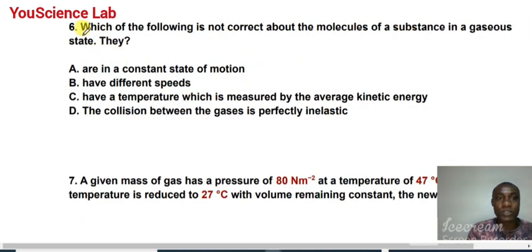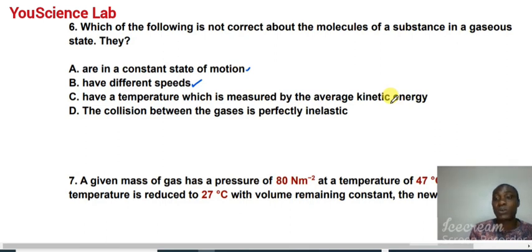Question 6 is, which of the following is not correct about the molecules of a substance in a gaseous state? They are in a constant random motion. That's true. Have different speeds. Yes, if they are in random motion, then the speeds should be different. So that is also true. Have a temperature which is measured by the average kinetic energy. That's the definition of temperature.